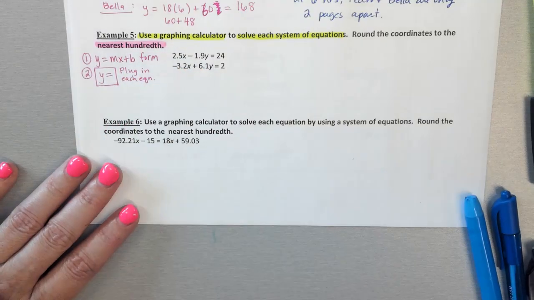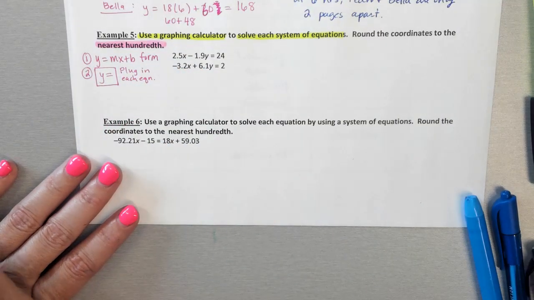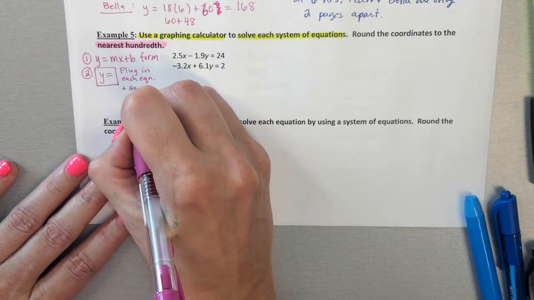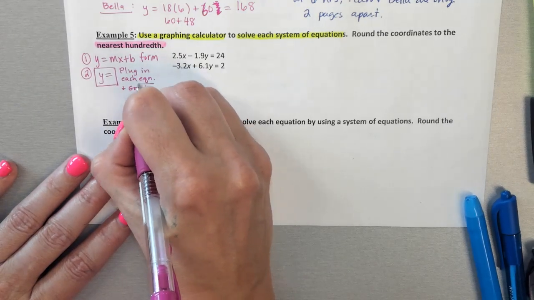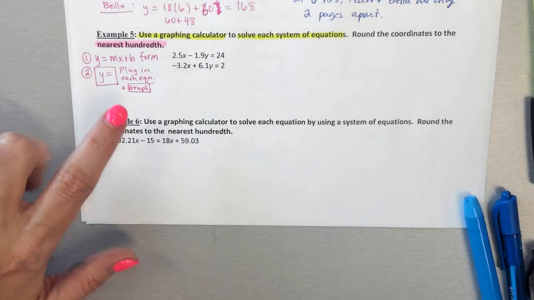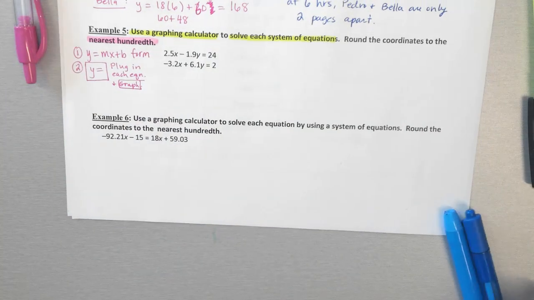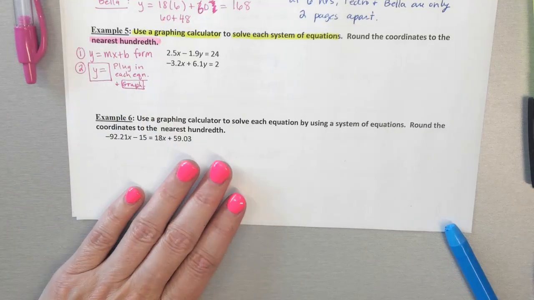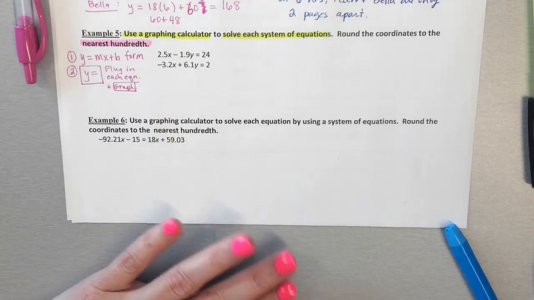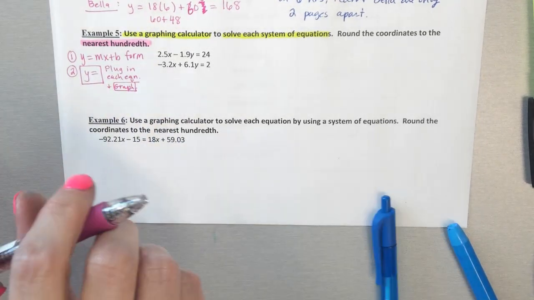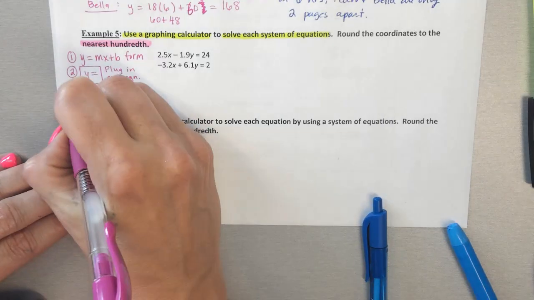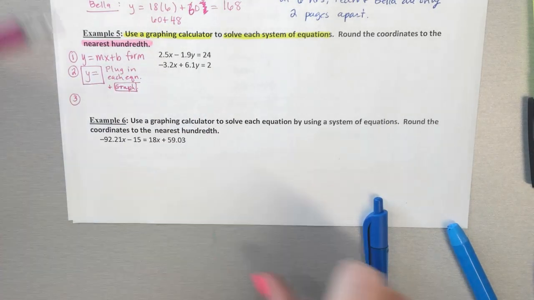I'm just going to abbreviate equation. And then you are going to graph it. And graph is the button. Anytime you press a button, I like to make my little button there so you know what you're pressing. So we're going to do those together, and then we'll write down what our final step is.